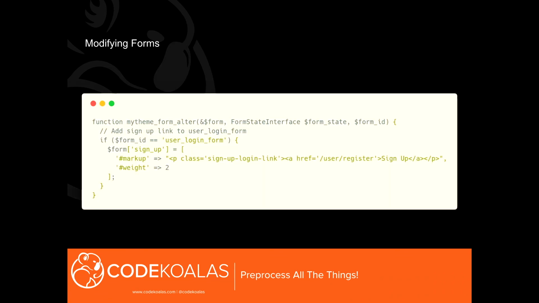So let's say you have a login form, but there's no sign up link. How do they sign up for your site if they don't have an account? You could simply throw this code on your site and you'd have a sign up link on your form now. Right there, just /user/register. It's where you go for that.